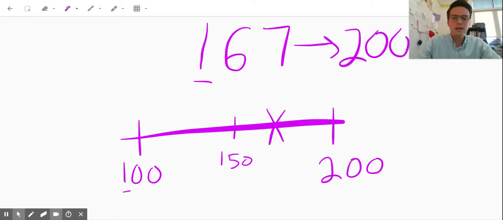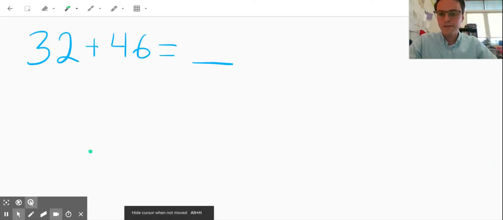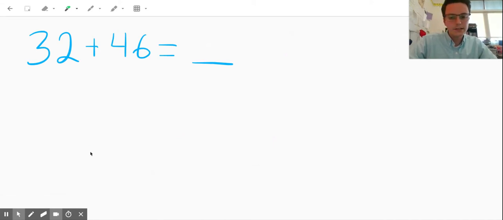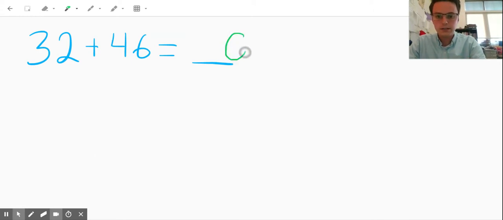Now, let's talk about how we can use rounding to help us estimate sums. All right, I have 32 plus 46. Now, I want to estimate so that I can have an idea of what the answer might be. I have 32 plus 46 equals something. And since I'm rounding, I'm going to find the closest 10.